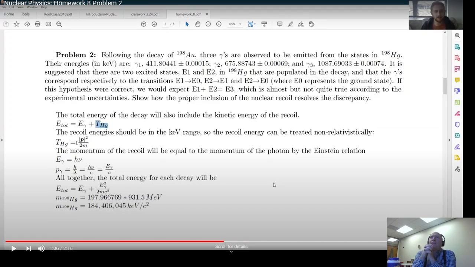So the mass of the electron is, what am I thinking? I have 511 in my head. Is that 511 kilo electron volts? Yeah. So the electron, let's see, 10 to the minus 31 times 16.